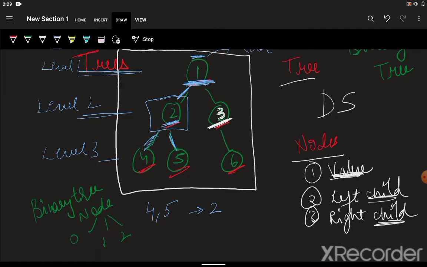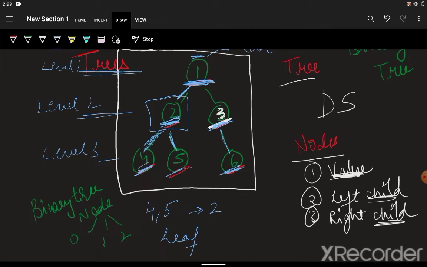Let's suppose we take node 2, we can say it has two children. We take node 3, it has one child. Now if we take nodes 4, 5 or 6, we can see there are no children originating from these nodes. So we can say that these are the leaf nodes. What are leaf nodes? Leaf nodes are those nodes which do not have any child.